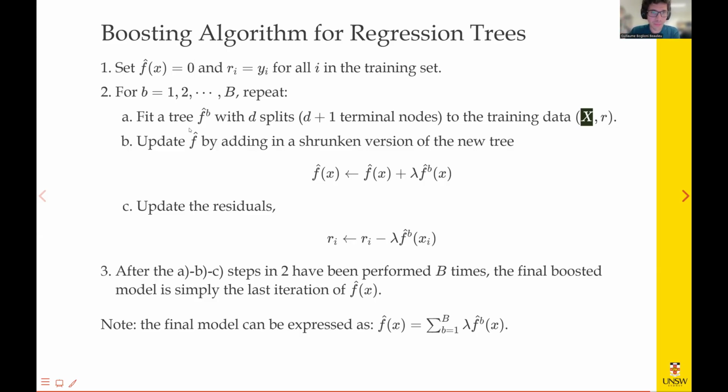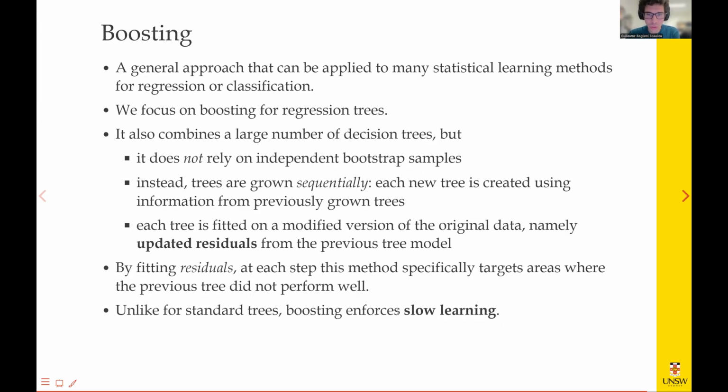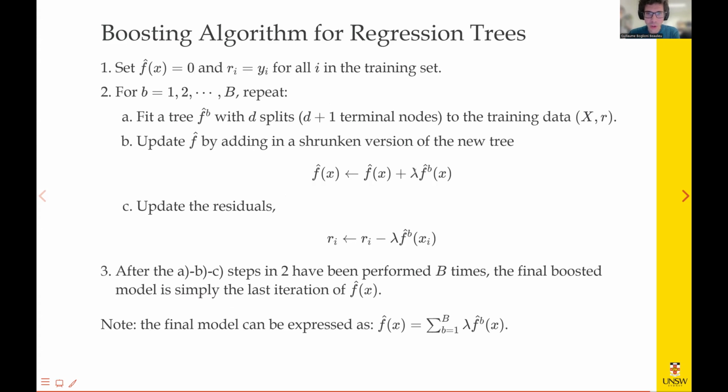So now you update your f hat, the one you had over there, by adding a shrunken version of the new tree. So to enforce slow learning, we don't want the model to learn too quickly. We add only a small portion of the fitted residual, and that is meant to improve our prediction of the actual response. So we take our initial value, which at the very first step would be 0, but it won't be 0 at any other step. We add the fitted residual, but only a shrunken part of it.